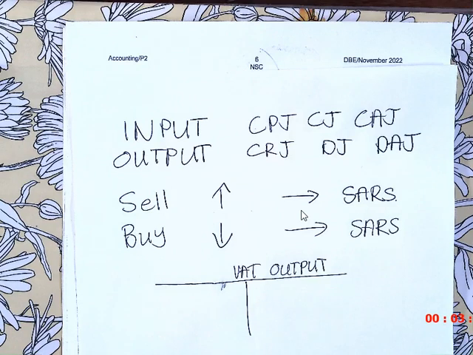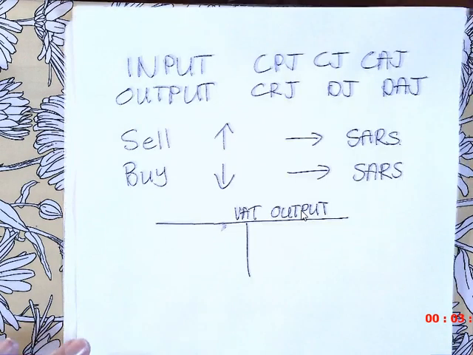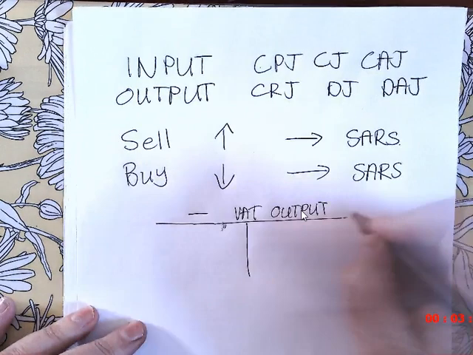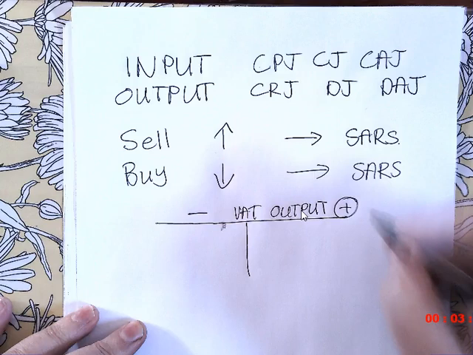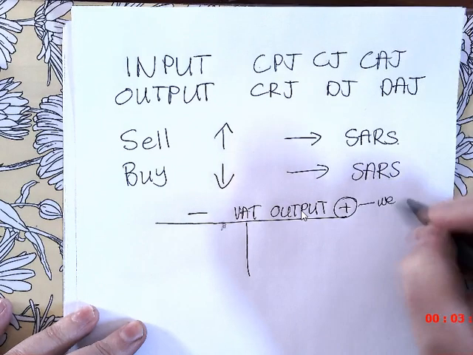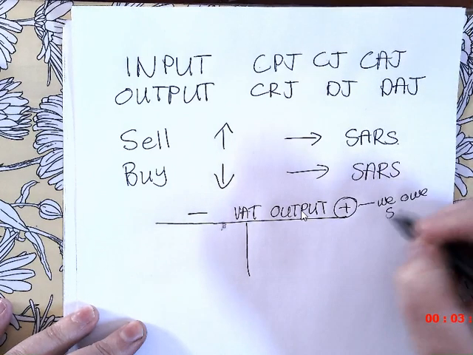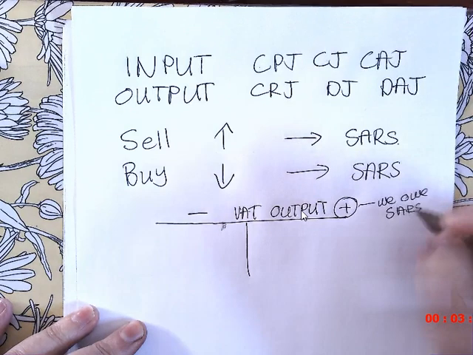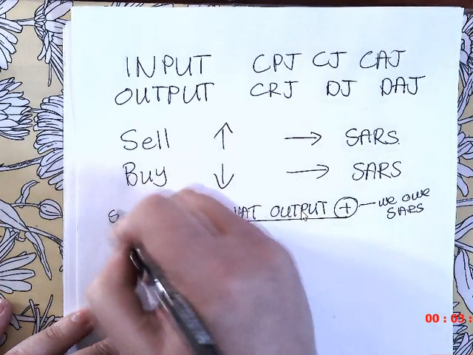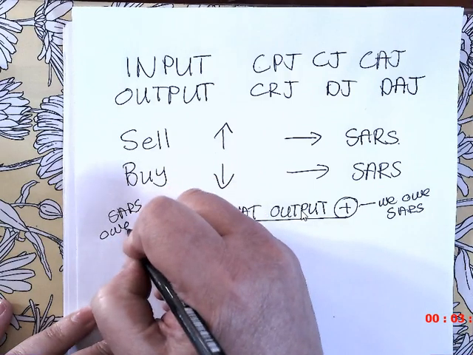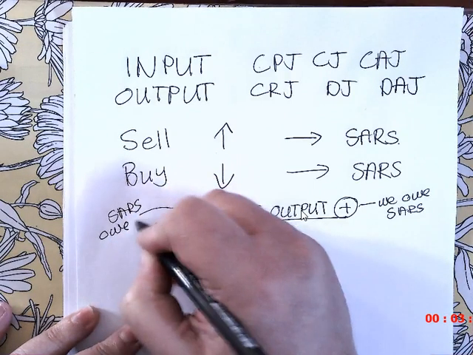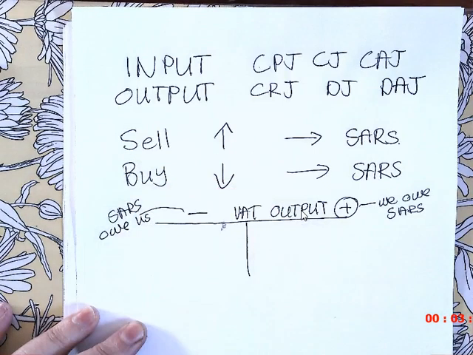So, we do it like this. So VAT output is a minus plus. In other words, if I have a balance on the plus side, it means we owe SARS. If I have a balance on the debit side, it means SARS owe us. Okay? SARS owe us. Everybody with me?